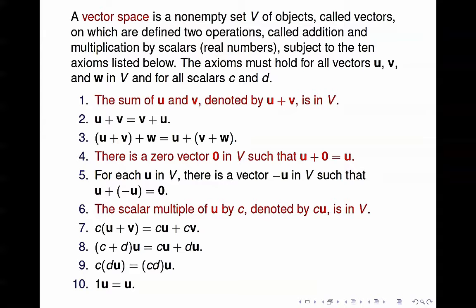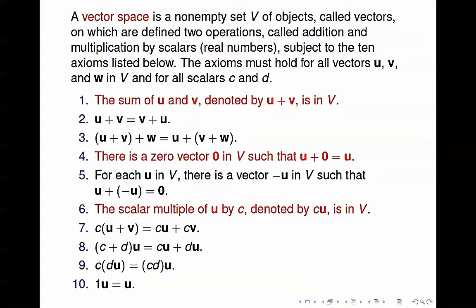Number 5 says for each vector in the set, you have another vector such that when you add it to the first, you end up with a zero vector. So it's essentially saying that every element has an additive inverse in the set. Then number 6 says the scalar multiple of any vector by a constant c is denoted by c times u, and that is in the set.